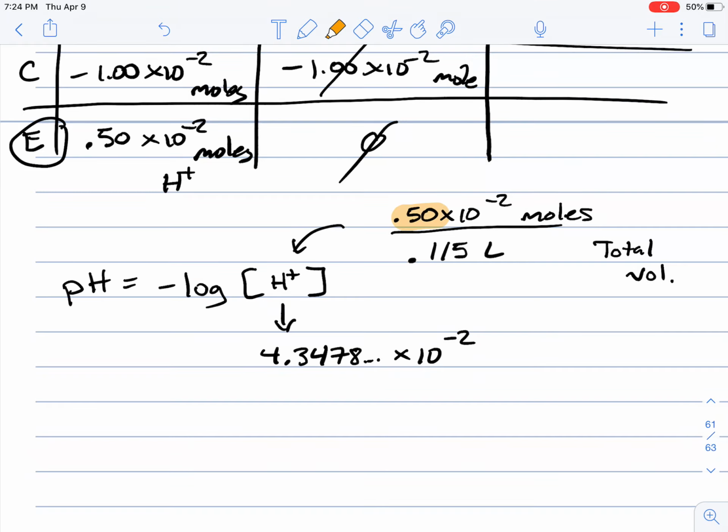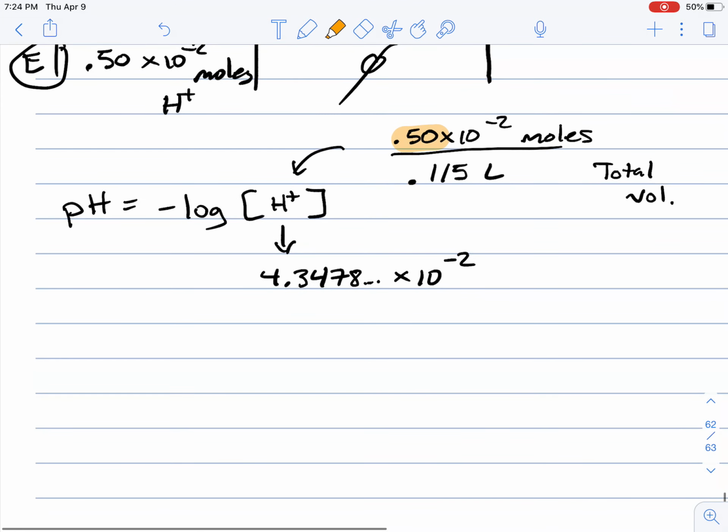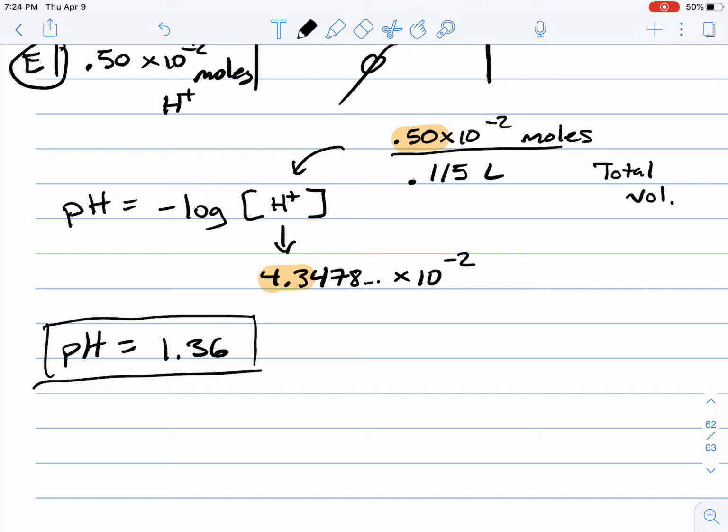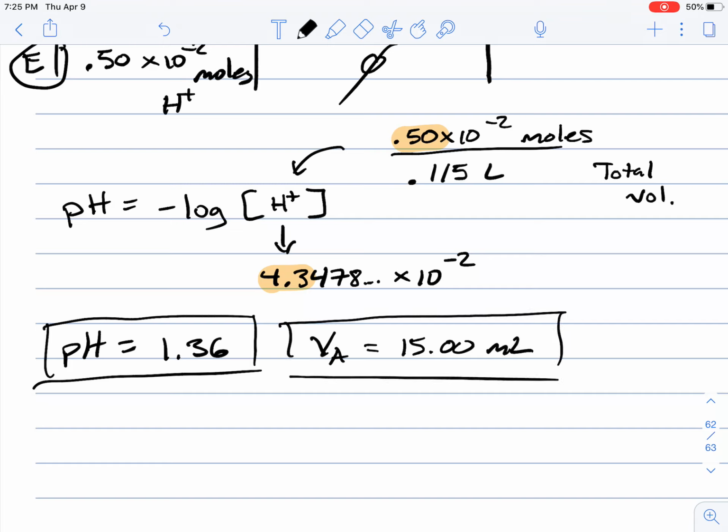So this is 2 sig figs. So we're just going to record up to here. Let's take the pH of this. So the negative log of the answer is going to be 1.36. And this is going to be the pH when we add 15.00 milliliters of our acid, our titrant.